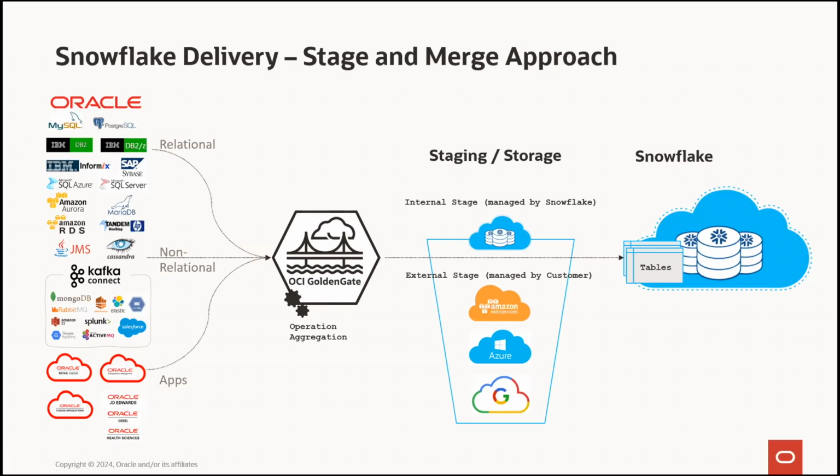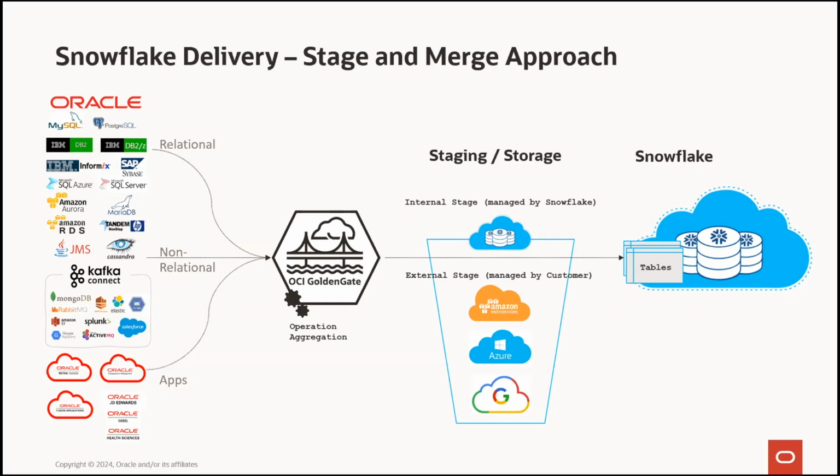And then when it loads the data into Snowflake, we're using an approach called stage and merge, where we're first staging the data either in the Snowflake internal stage, so it goes directly into Snowflake staging tables. It's all managed and governed in Snowflake. Or it goes into an external stage, which is managed by you, the customer, and that means the data is staged outside of Snowflake into Amazon S3, Azure Data Lake Storage, or Google Cloud Storage, and we support all of those different staging approaches.